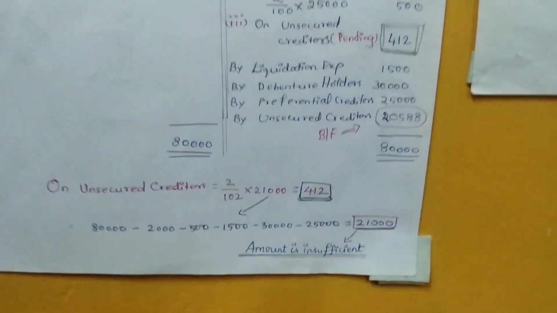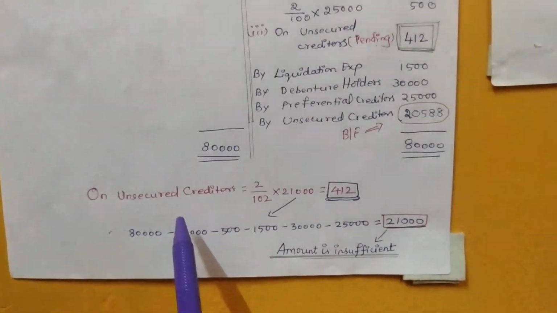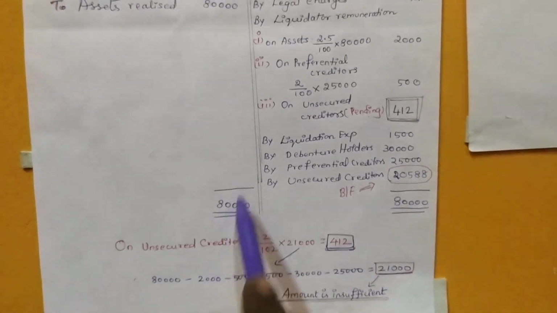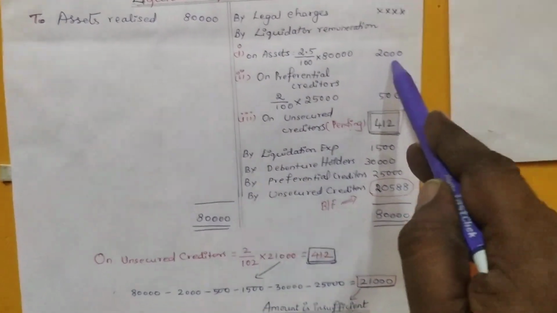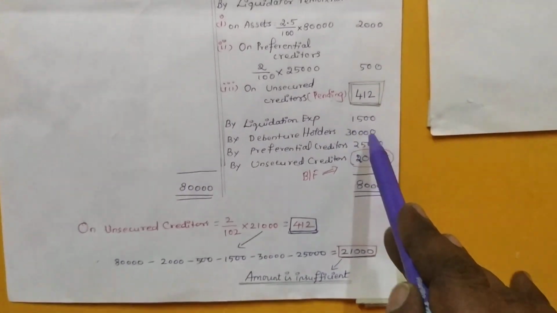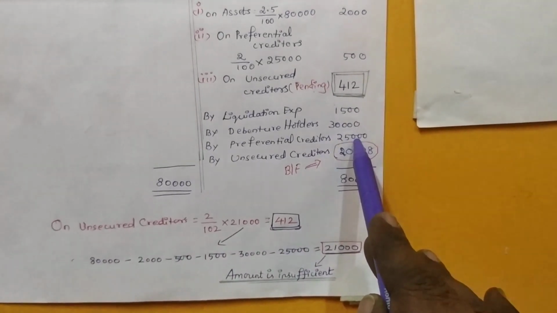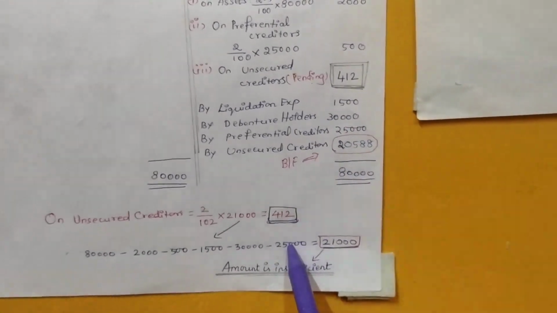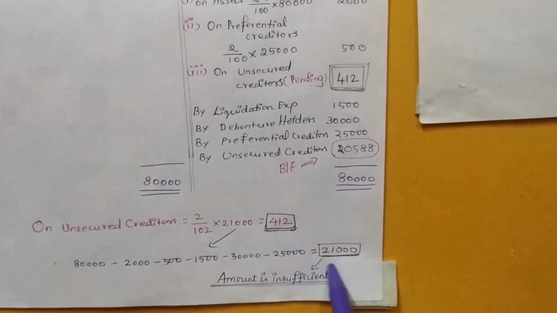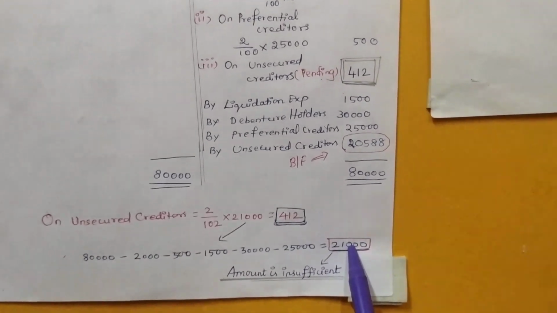Once again kindly note, out of this 80,000, you deduct all the items on the left and right side: 2,500, 1,500, 30,000, and 25,000. So how much balance do you get?